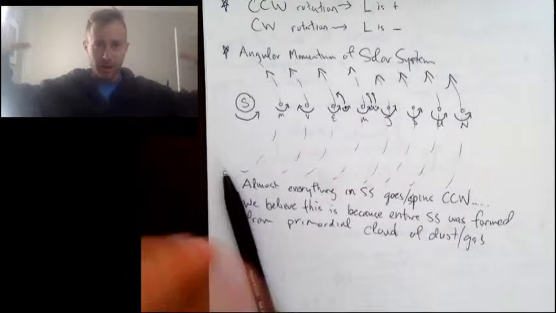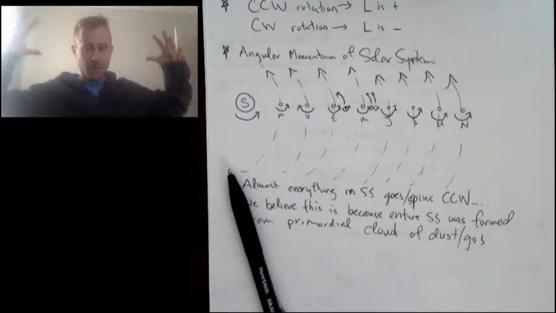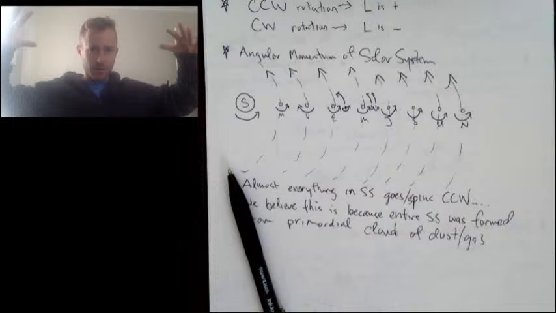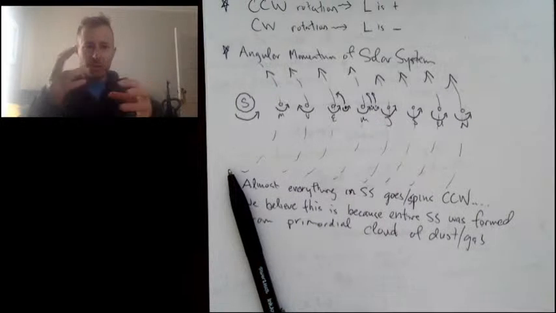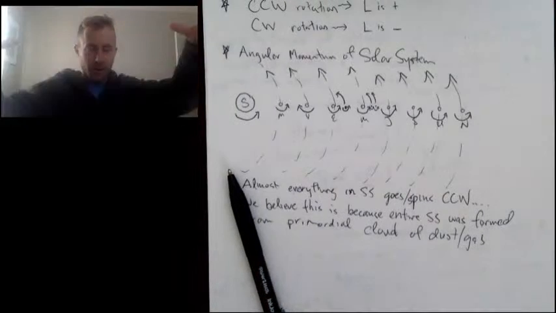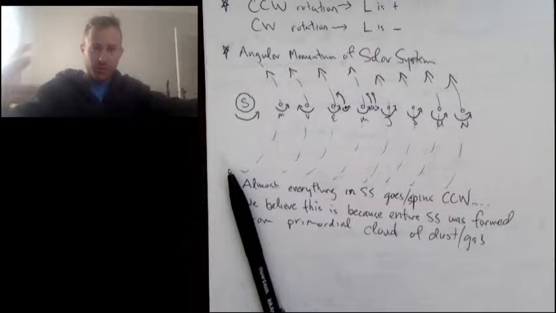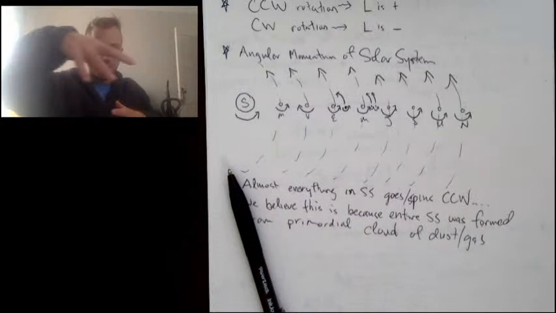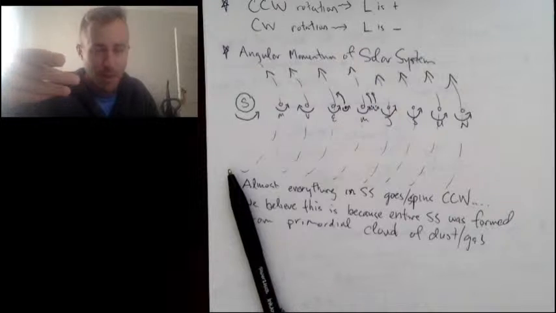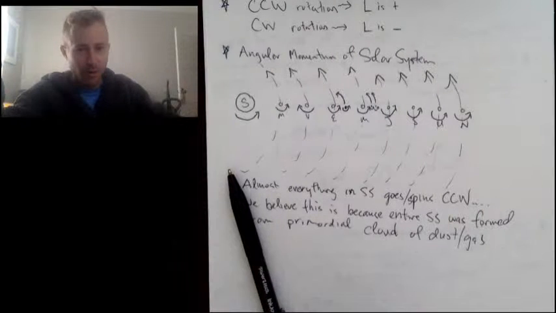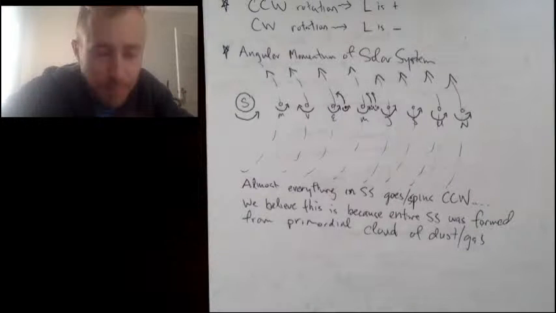And that original cloud of dust and gas was spinning counterclockwise. Then gravity started to act on that cloud and shrink it down, and the sun formed out of that cloud. It all gravitated. But if you start out with something that's rotating counterclockwise, it's very hard to get things to orbit in the reverse sense. Okay? So we think it all came from the same cloud, and that's why everything is spinning the same way.